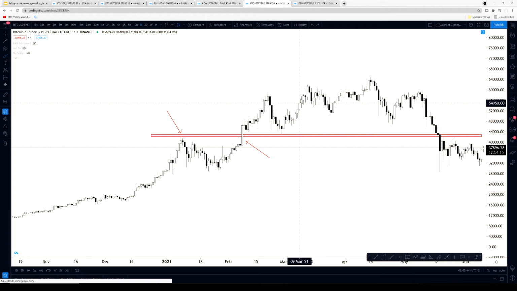And since this is a fresh support, because this level has been broken in the past, and this was the first time that we actually tested it as a support, it was especially strong in this case.